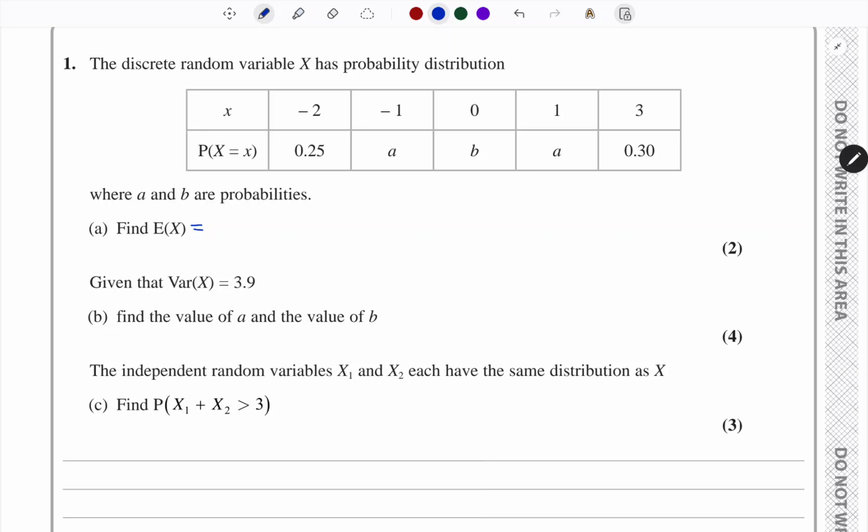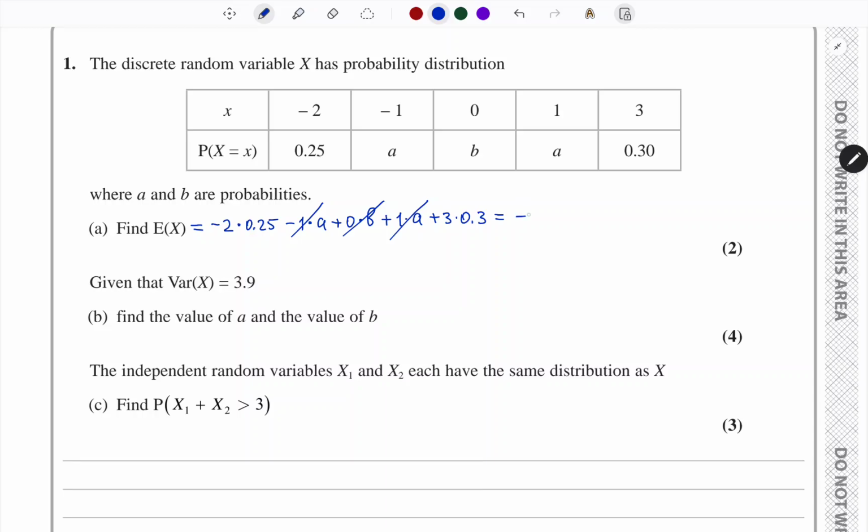So I just followed the formula. It says the value of the random variable must be multiplied by the corresponding probability. And I continued this process: minus 2 times 0.25, minus 1 times a, 0 times b, 1 times a, plus 3 times 0.3. So I can see that a and minus a disappear, and 0 times b also disappears.